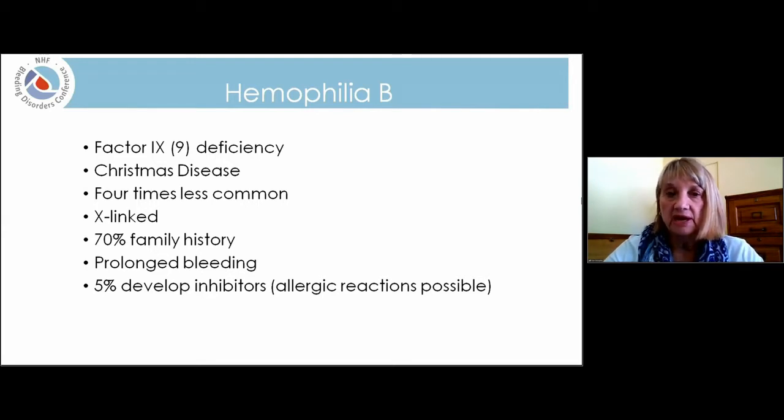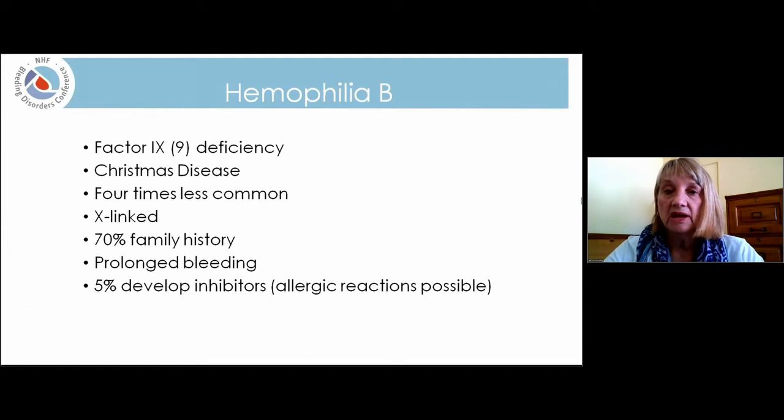Like hemophilia A, it is also an X-linked inherited disorder, and 70% of patients have a family history and 30% do not. And again, the hallmark sign and symptom of hemophilia B is prolonged bleeding.